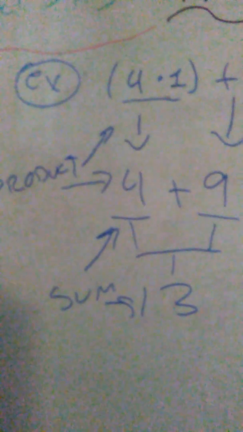Then we bring everything down and do 4 plus 9 to get a sum of 13. 13 is the sum of two numbers being added together, which are 4 and 9. Alright, so let's go on to another example here.